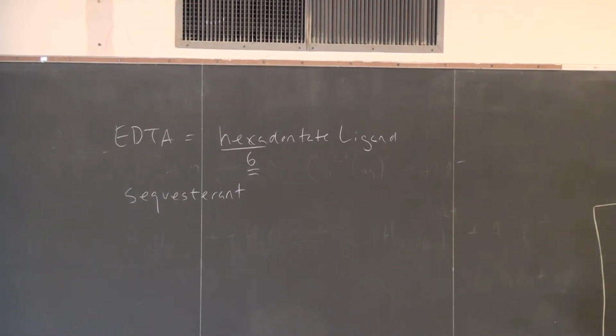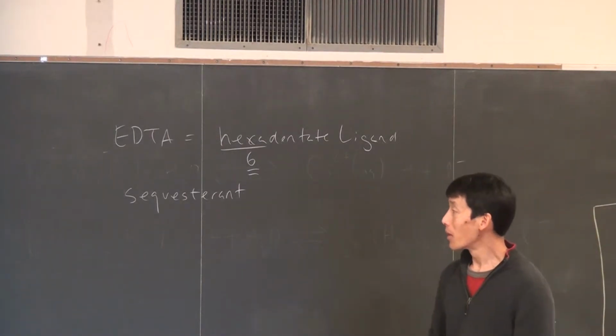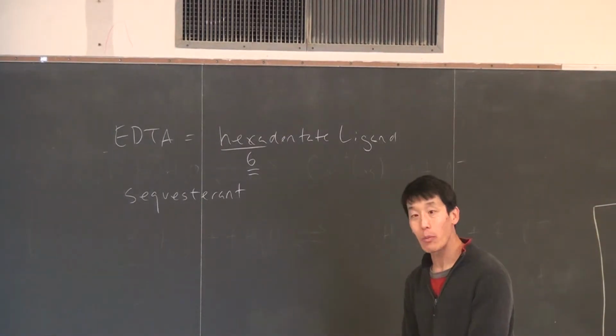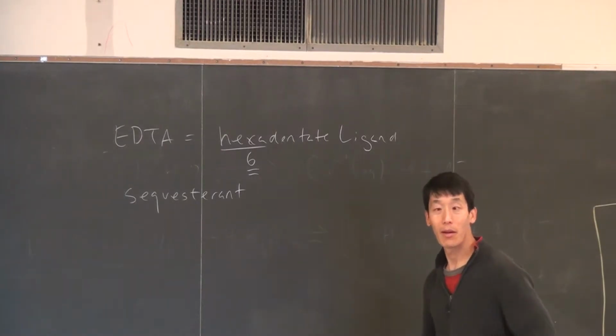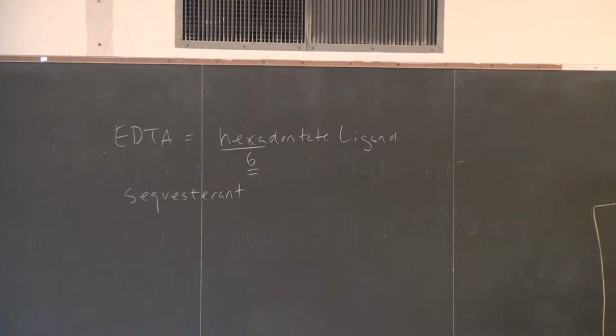Okay, let's go to the next question. Why are lead and cadmium or other heavy metals used in paint? Now, how many of you have painted your room or painted before?